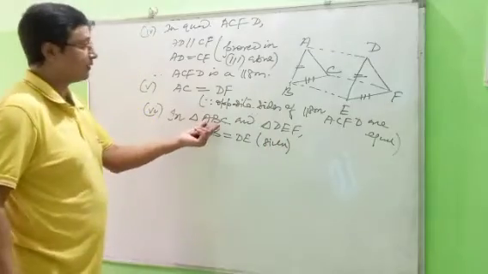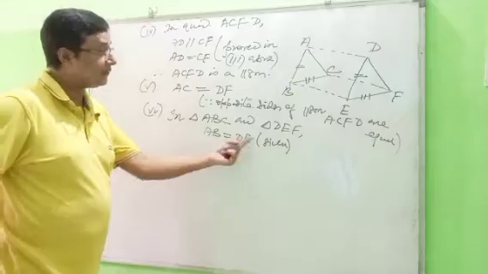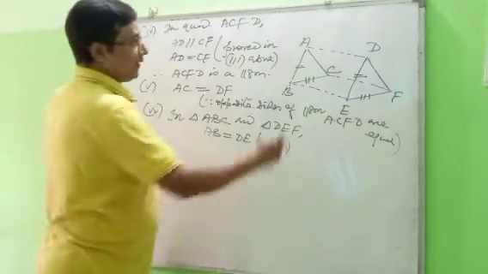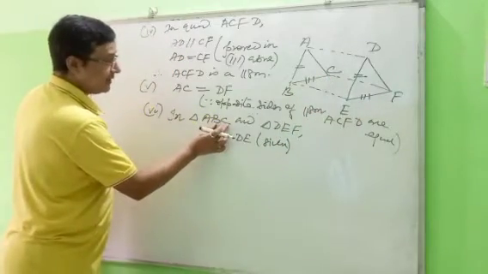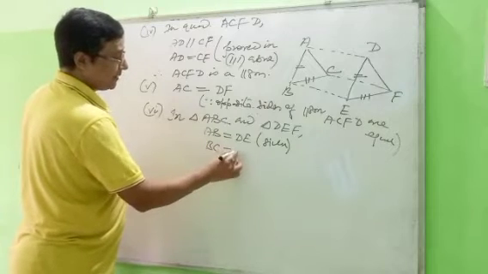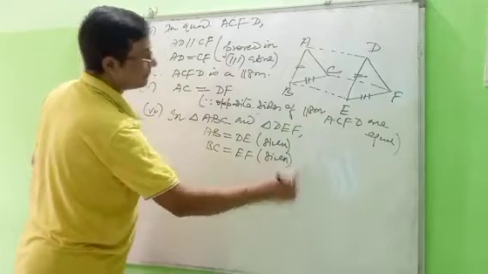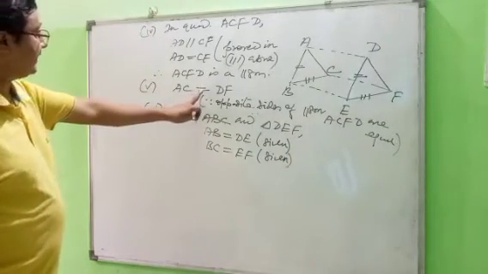So AB from the triangle ABC and then the side DE from the triangle DEF. Then they have given BC equals to EF. This one is also given. Then one last one, that is AC equals to DF.